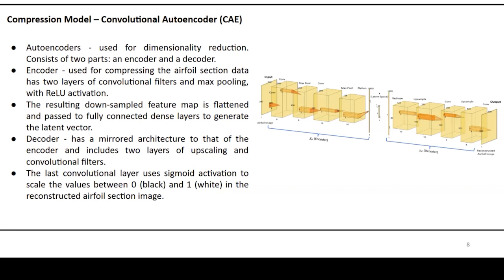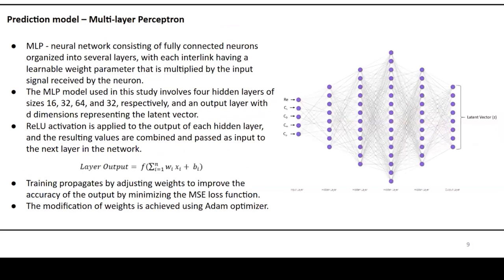As mentioned earlier, this heavily reduces the computation time required and also enables the mapping of the design parameters to that latent vector of an airfoil using this MLP architecture. This multi-layer perceptron model consists of 4 layers, so it is quite light as well, of dimensions 16, 32, 64, and 32.